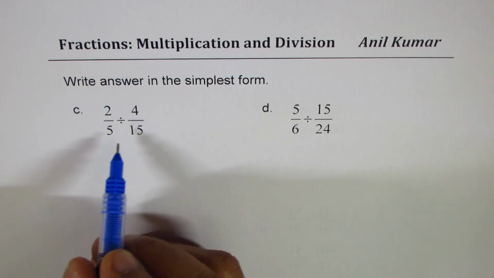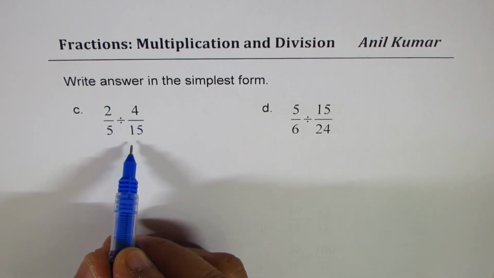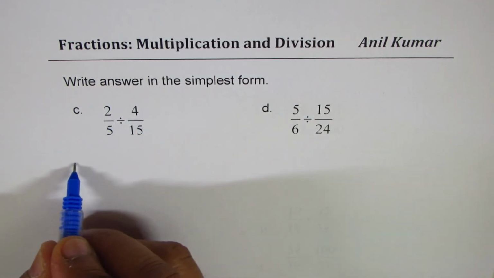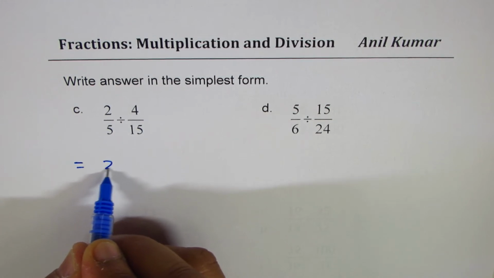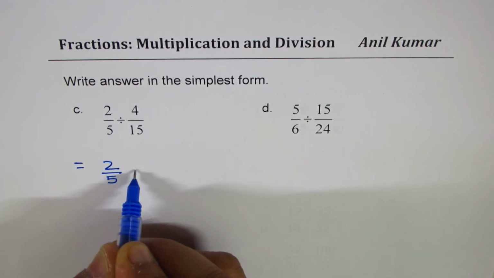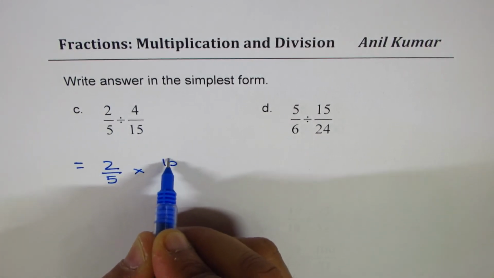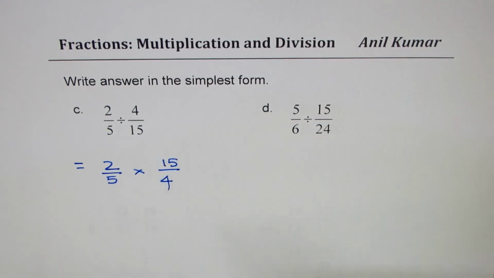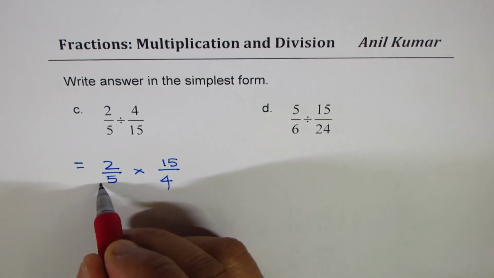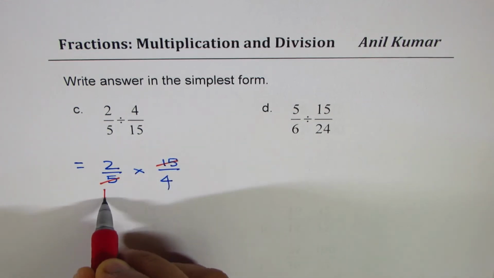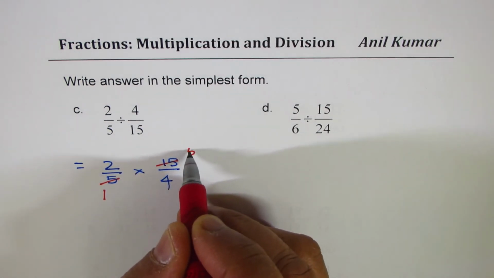2 over 5 divided by 4 over 15. First step, write it as multiplication. We'll write this as 2 over 5 times 15 over 4. Can you simplify it? Yes, you can. You see that 5 goes 3 times in 15, so you could divide both by 5, writing 1 here and 3 there, right?